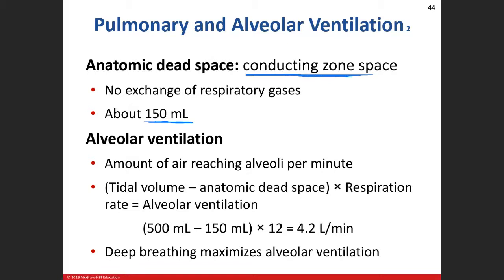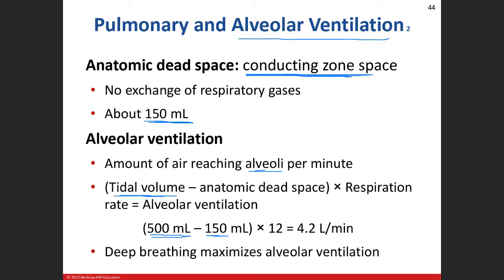Now we're going to talk about alveolar ventilation. This is what occurs in the alveoli, so how much air do we get in the alveoli per minute? We take the tidal volume, about 500 milliliters, and subtract the anatomic dead space, 150 milliliters, which gives us 350 milliliters.